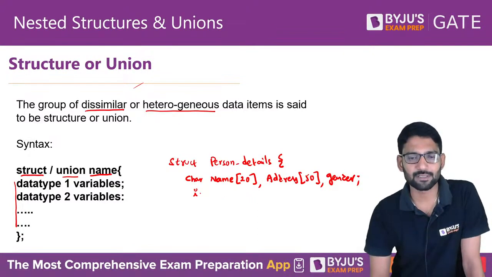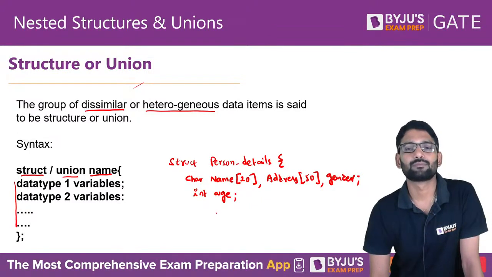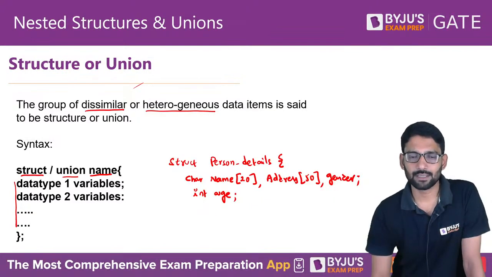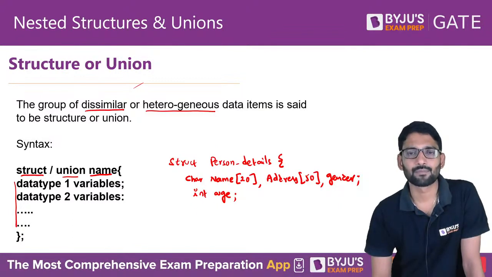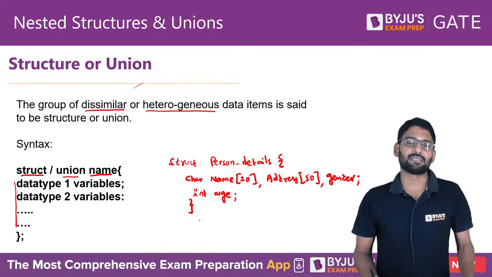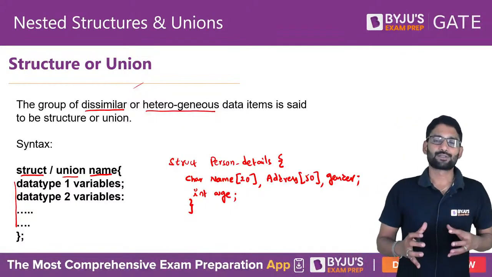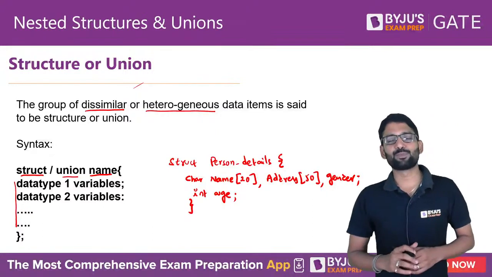And a person may have age, right? So if you observe this simple structure, what have I grouped here?